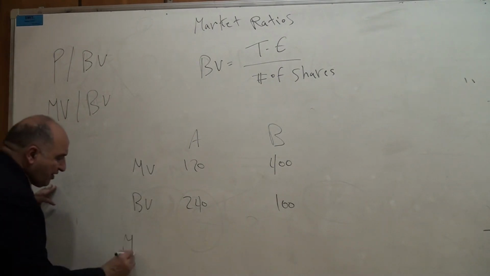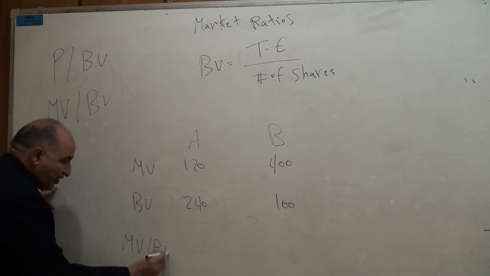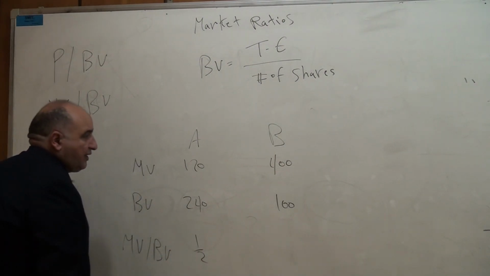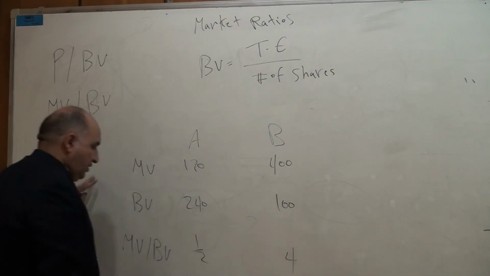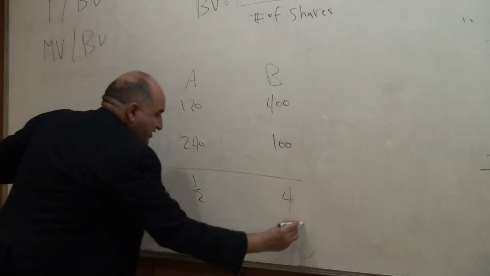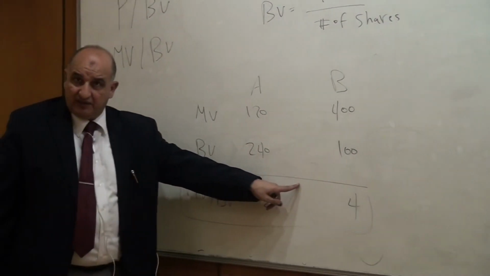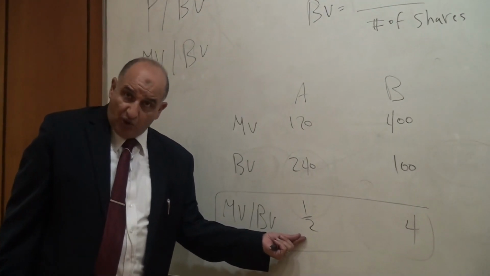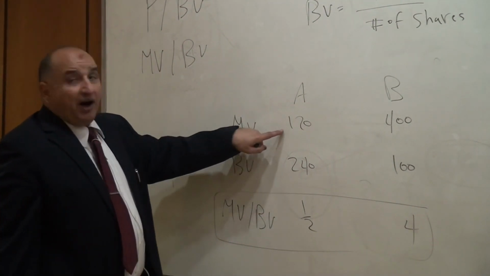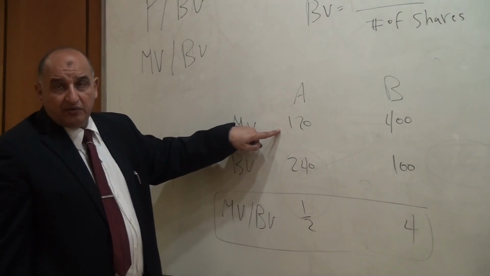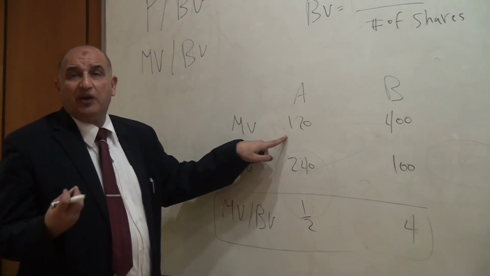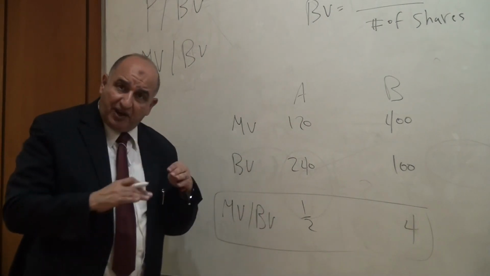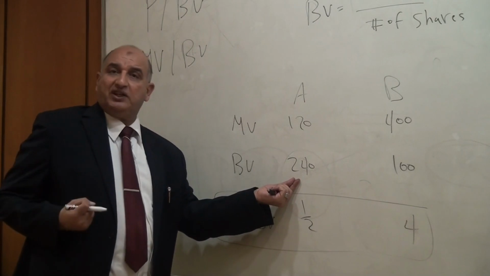If we calculate the market value to book value, this one is half, and this one equals 4. Which company do I have to invest in, A or B? Definitely I have to invest in A, because I will buy the stock from the market for only 120, and if the company goes bankrupt, I will receive 240.